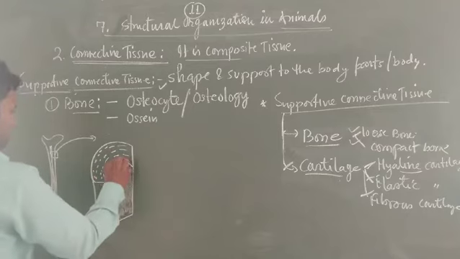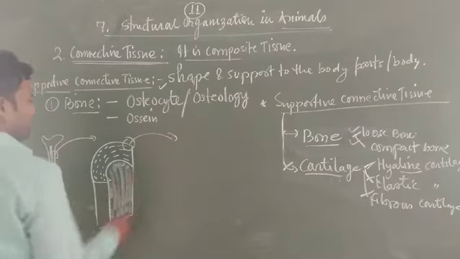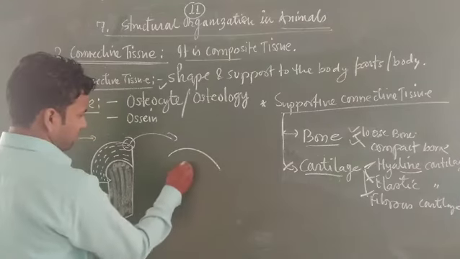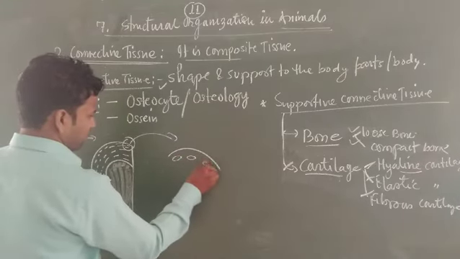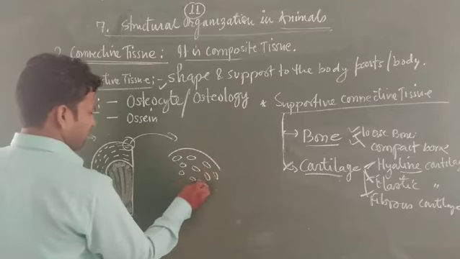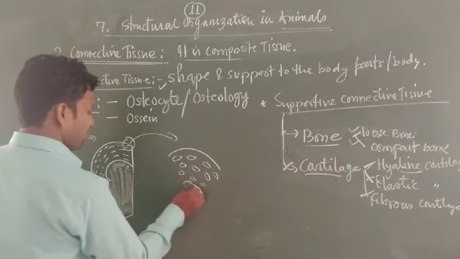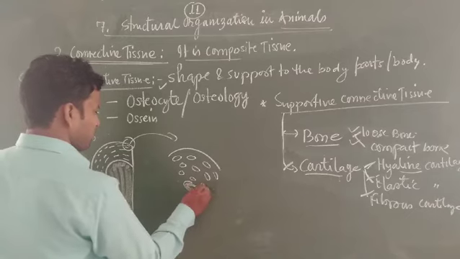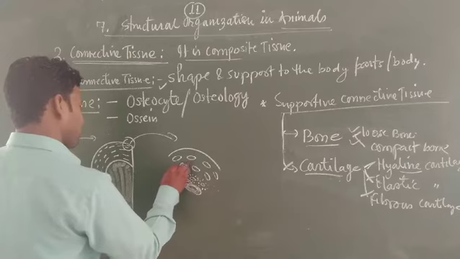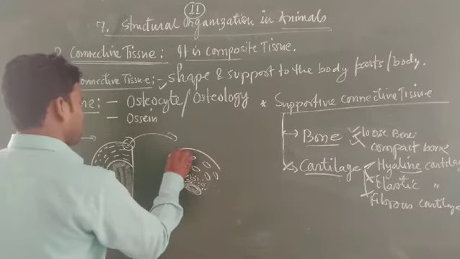Suppose I take a section from this zone, this is a bone cell called osteocyte.